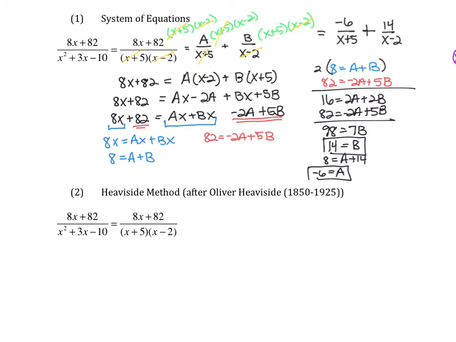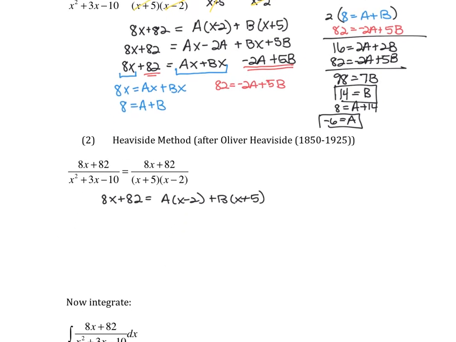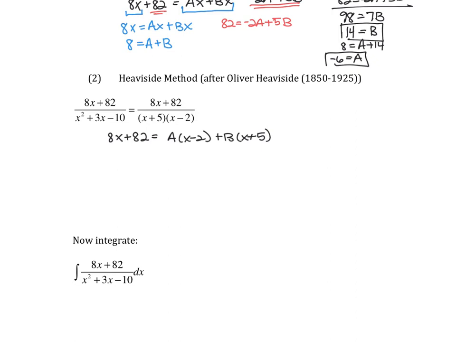So in the Heaviside method, I would normally go through all the process that we did up there, but since we've already done it, I'm going to begin at the place where I have 8x plus 82 equals a times x minus 2 plus b times x plus 5. Now, what Heaviside found was that every time he was doing these systems of equations, they reduced based off of the fact that one of our factors eliminated, it became 0.